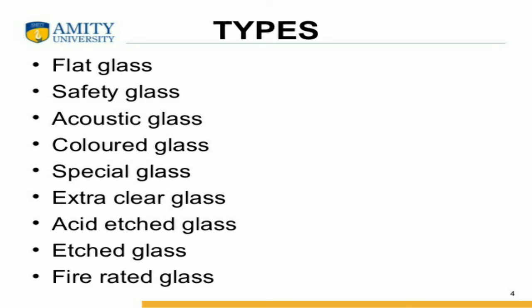So, types of glass: flat glass, safety glass, laminated glass, colored glass, special glass, extra clear glass, acid enhanced glass, and fire rated glass. So these are types of glasses.